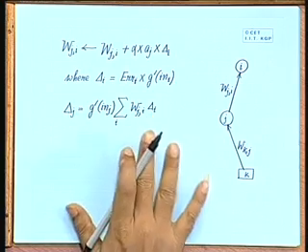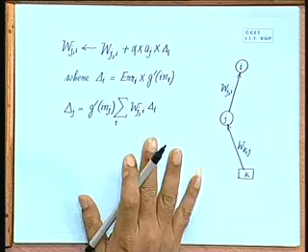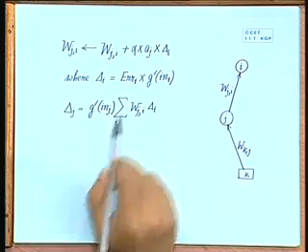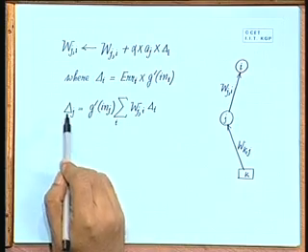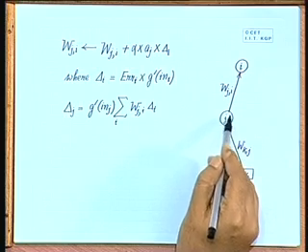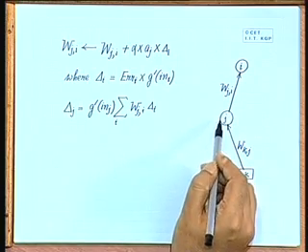Now, I have not yet derived this, I am just stating this, we will derive this later, but intuitively let us see what this error term for delta j is.